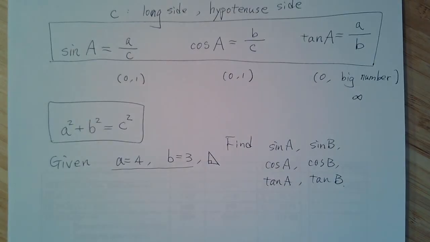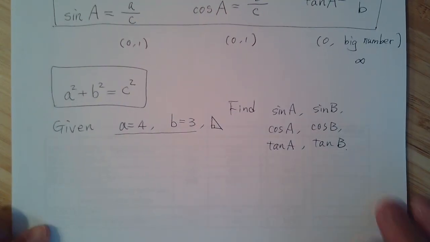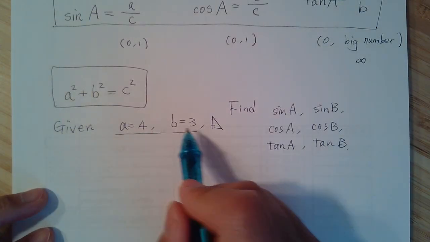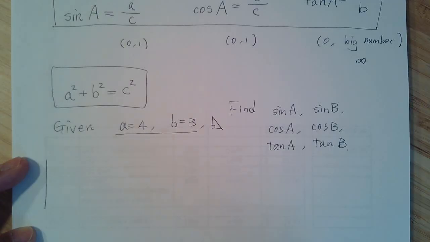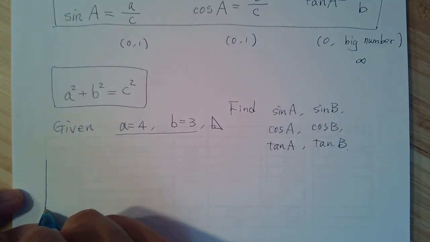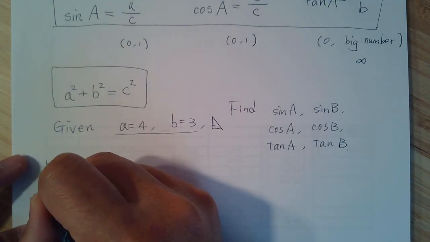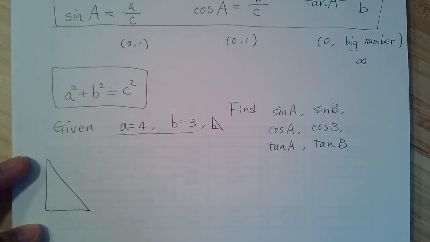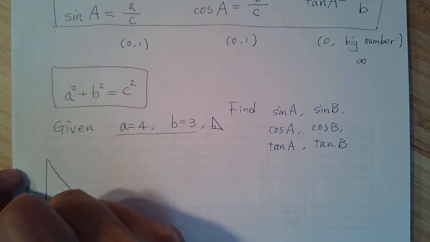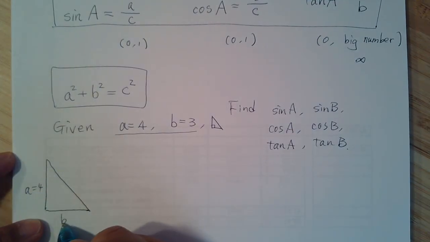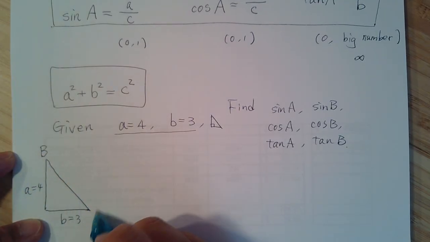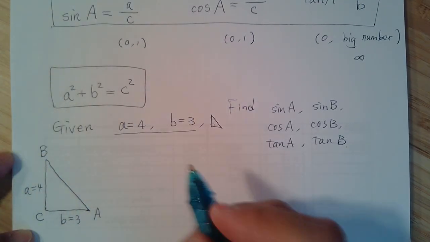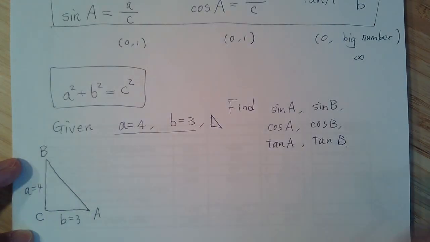Can you find it? Let's draw this graph. A and B, so that's 4 and 3, and connect this. So A is 4, B is 3, and this is the B, this is the A, this is the C. So can you find this little C here?